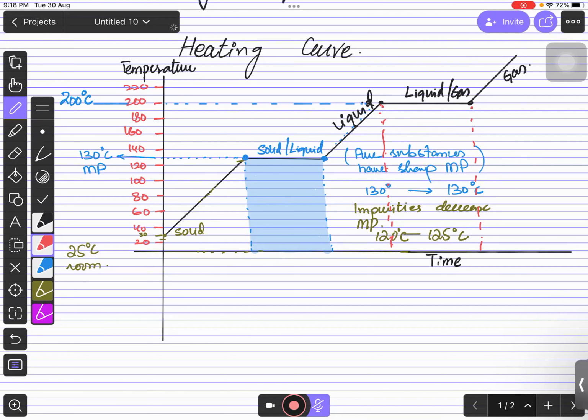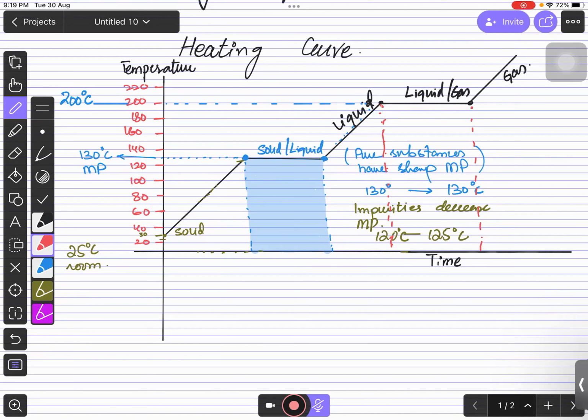So you have to remember, bachcho, that whenever the state is changed, there is no increase or decrease in temperature, right? Is that right, bachcho? Yes.